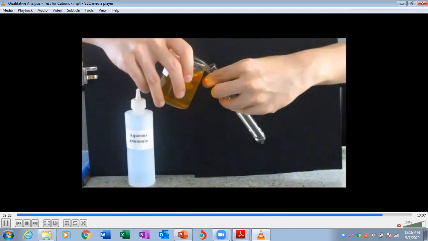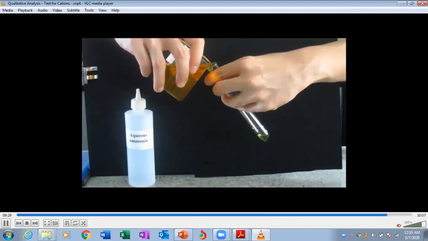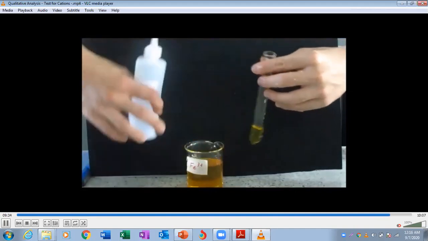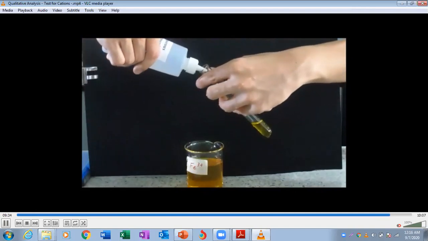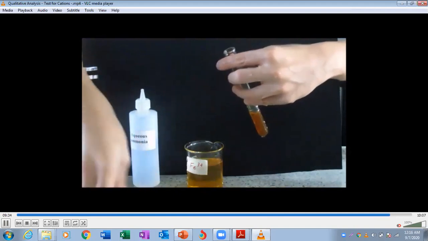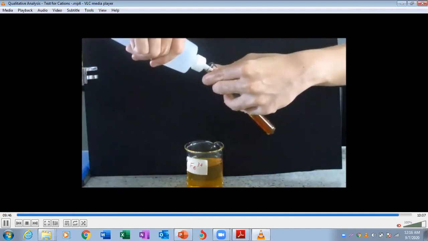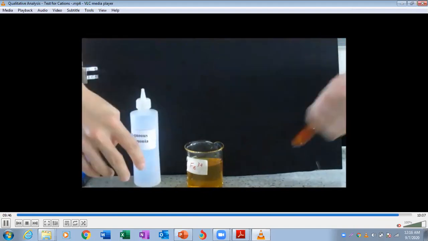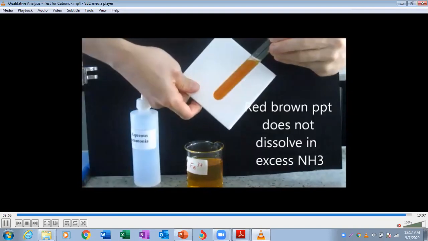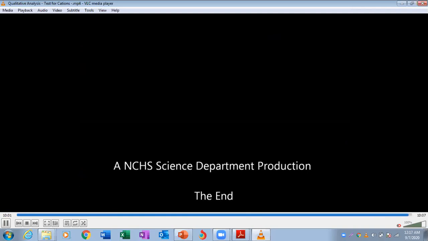Iron 3 positive, red brown precipitate. Iron 3 positive, some more, red brown precipitate is still there.